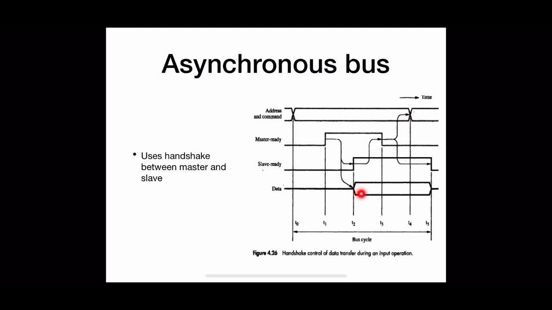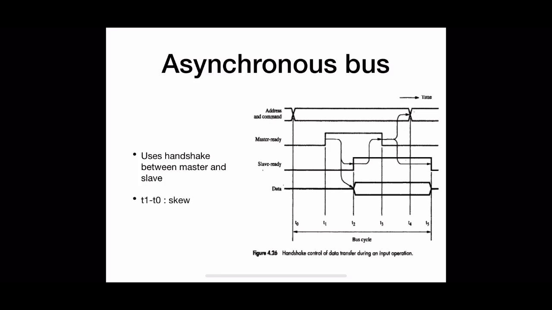Here it is an input operation, so placing the corresponding data on the data bus is the required operation, and at the same time it informs the processor that it has done so by activating a slave ready signal. The master waits for the slave ready signal to become active before removing its signals on the bus, that is the master ready signal and the address. Only when the slave is ready with the data will the master remove the placed signals from the buses. In case of a read, it also strobes the data into its input buffer.